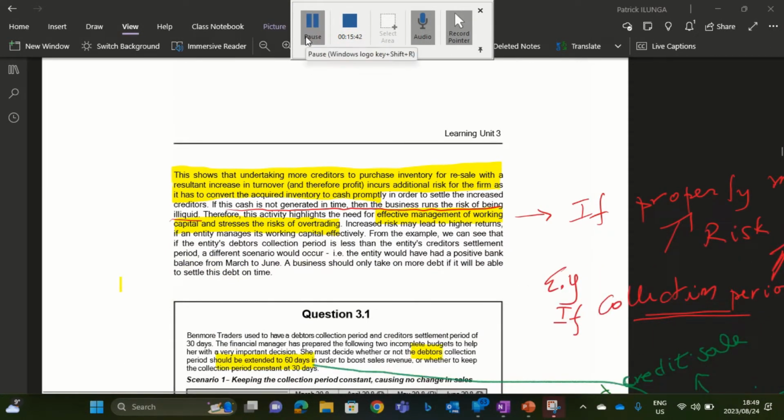All right, so you will need to manage the working capital effectively and avoid overtrading. What you could do is to obviously ensure that the debtor collection period is not greater than the creditor's settlement period.